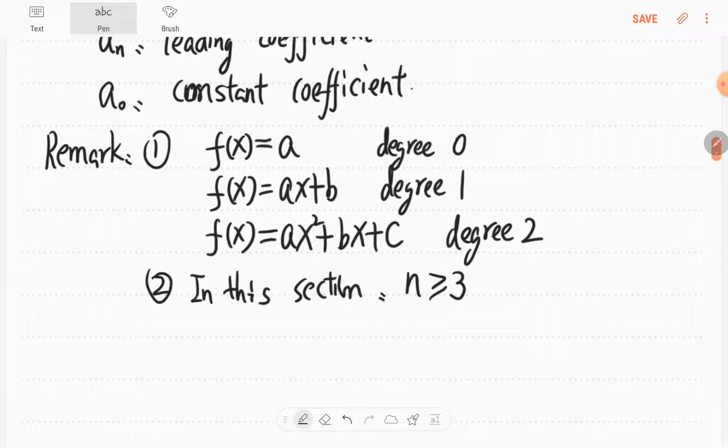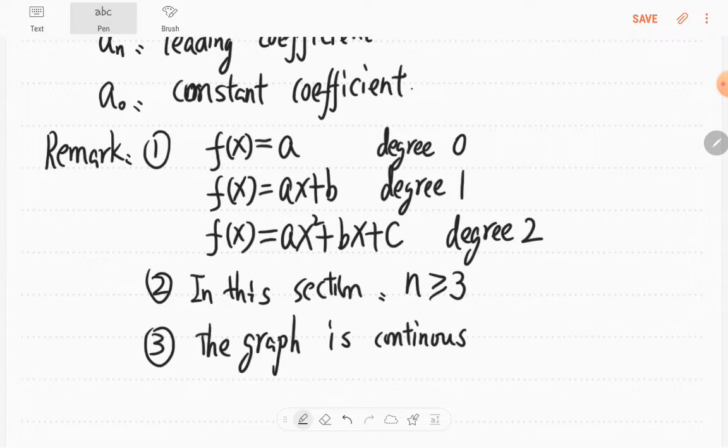Okay, the polynomial has very good properties. The reason is the graph of the polynomial is continuous and smooth. Continuous and smooth.